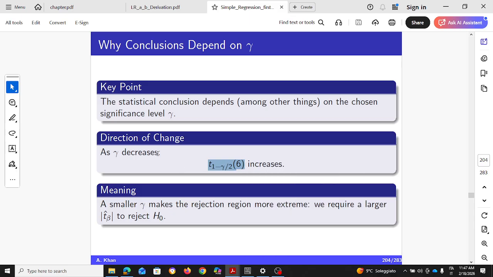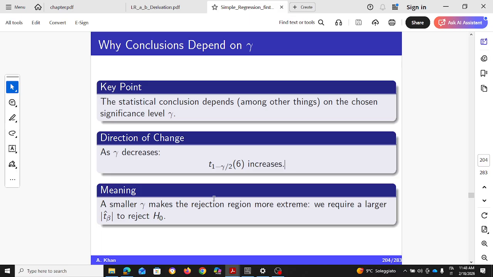What does this mean? With a much lower gamma, the rejection region becomes much more extreme, and it is then very difficult to reject the null hypothesis.